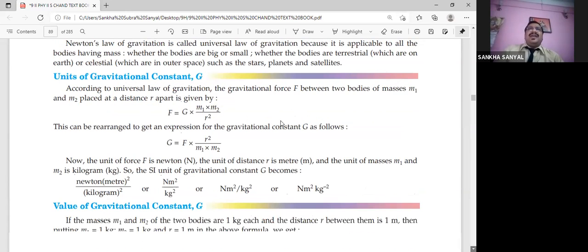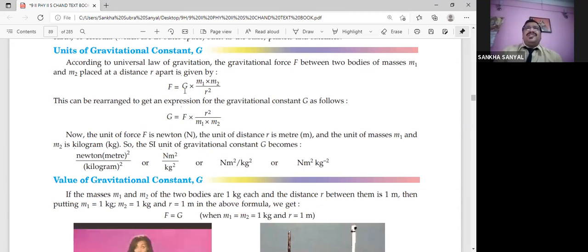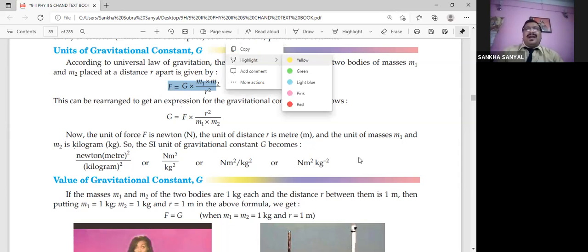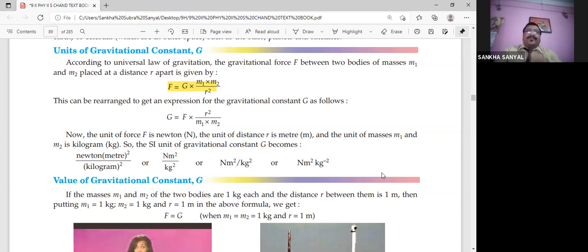You would find F is equal to G m1 m2 by r square. If I need to make G the subject, G is equal to F into r square by m1 m2.